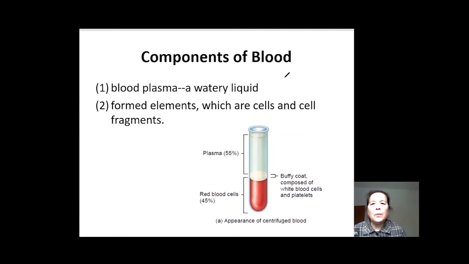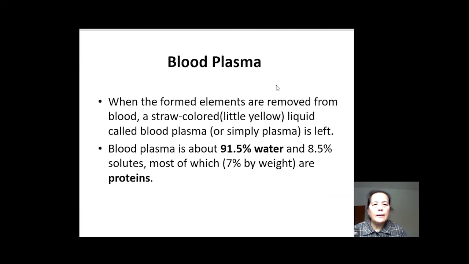Then we see the details inside. Let's talk about the blood plasma first. If we remove the formed part, then we get the blood plasma. Sometimes we just say plasma, which still means blood plasma.